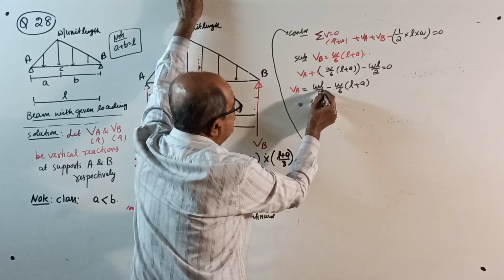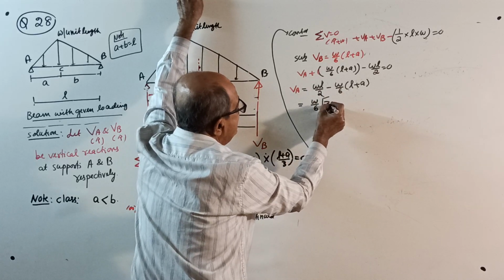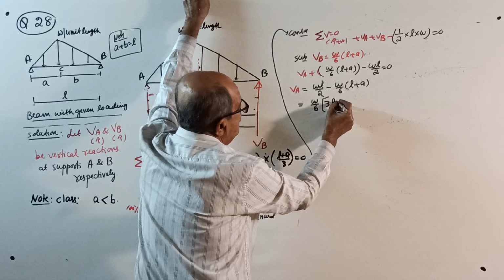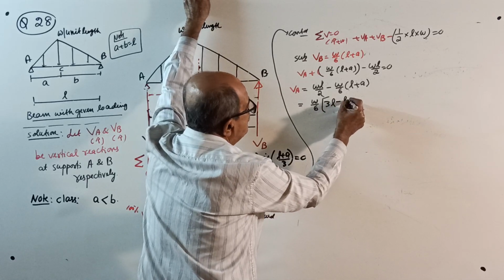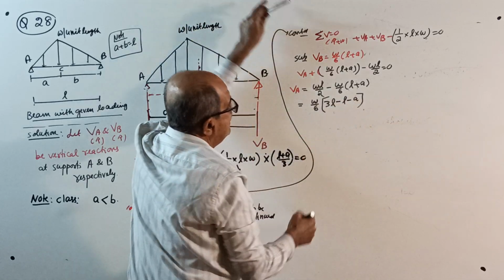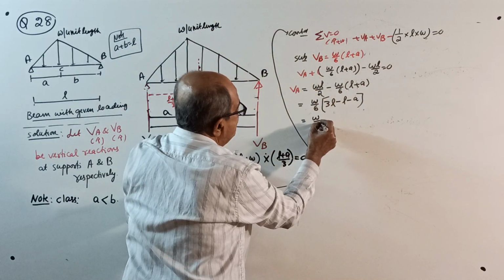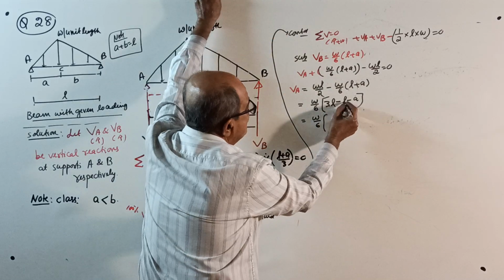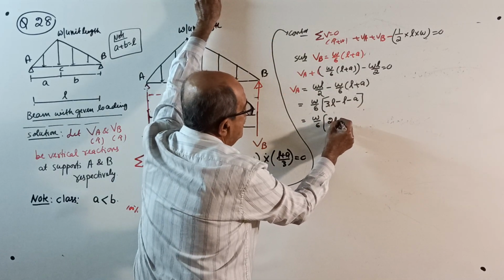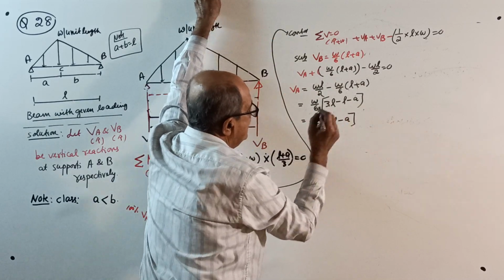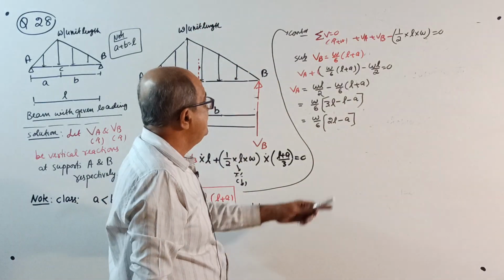W by 6 into 2, 3, 3L, because 3L minus L minus A. W by 6 outside, or equal to W by 6 times 3L minus L is 2L minus A. 2L minus A. This is the answer.